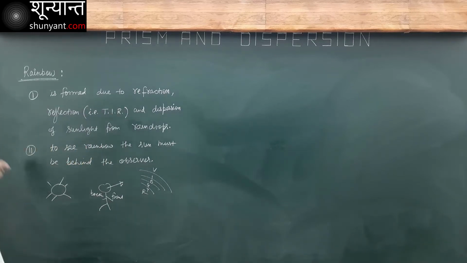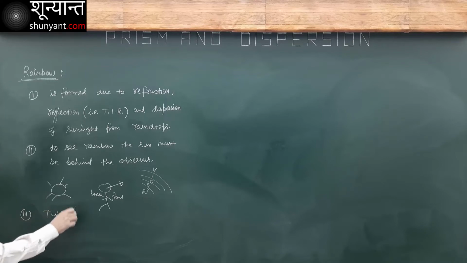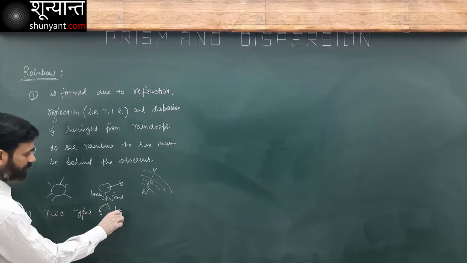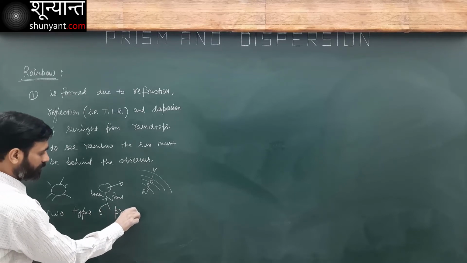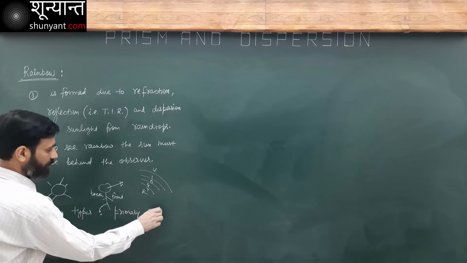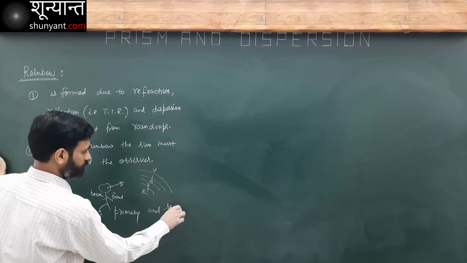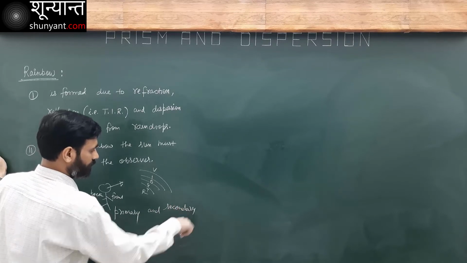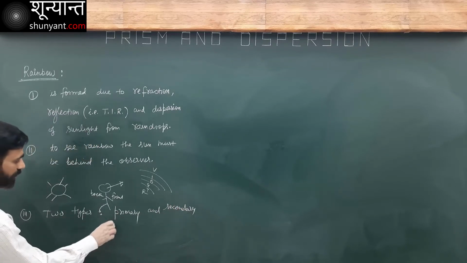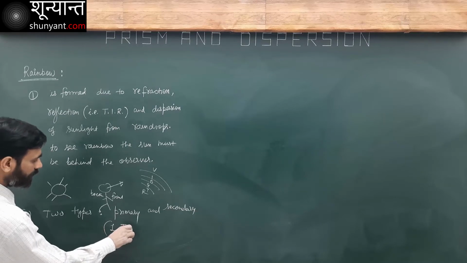Okay? Now, third, two types: primary and secondary. In primary rainbow, there is one total internal reflection.